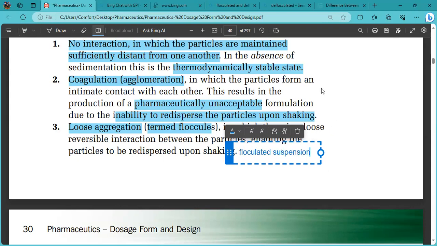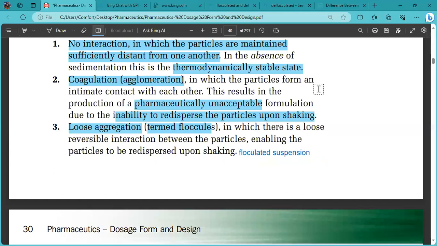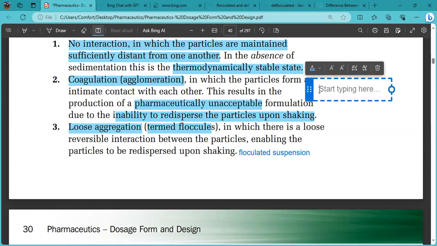It's the one where we find the floccules, and they're easily redispersed. They tend to sink and sediment faster, but the minute you shake them, they easily redisperse, which makes them good. But the coagulation or agglomeration phenomenon is mostly seen in the deflocculated ones.